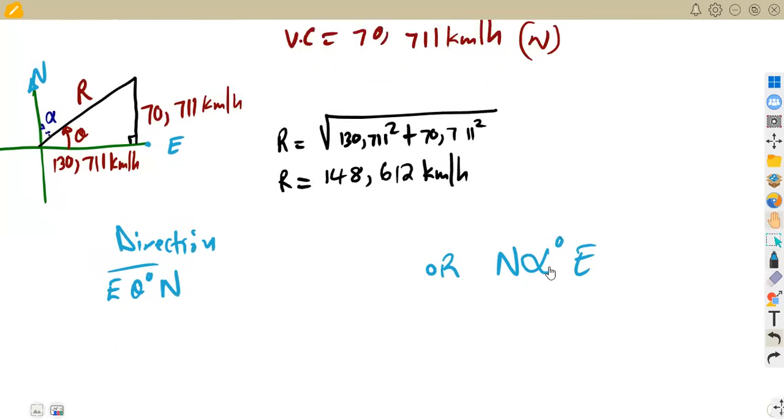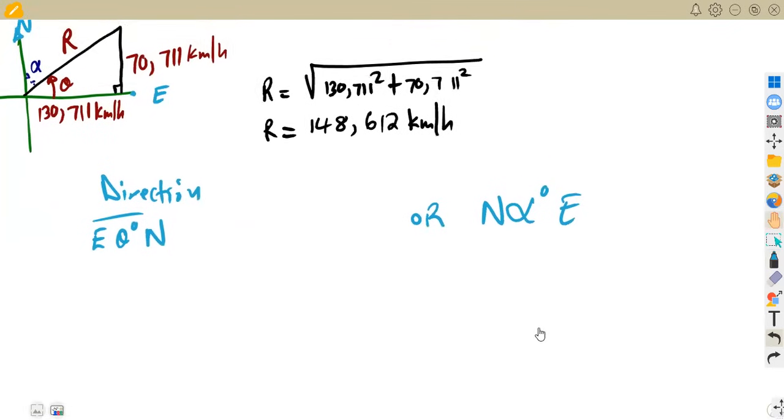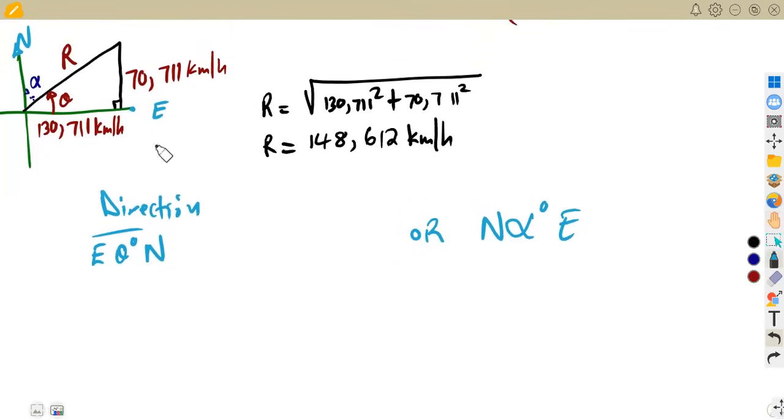So let us consider finding theta, which is inside of the triangle in the diagram. We can find theta from the arctan concept, since we are given the opposite and adjacent.